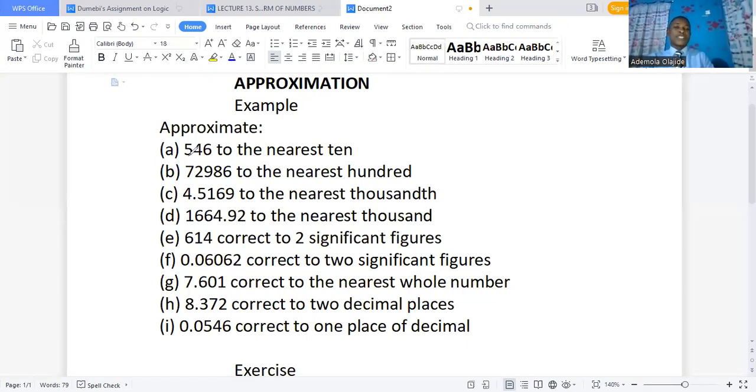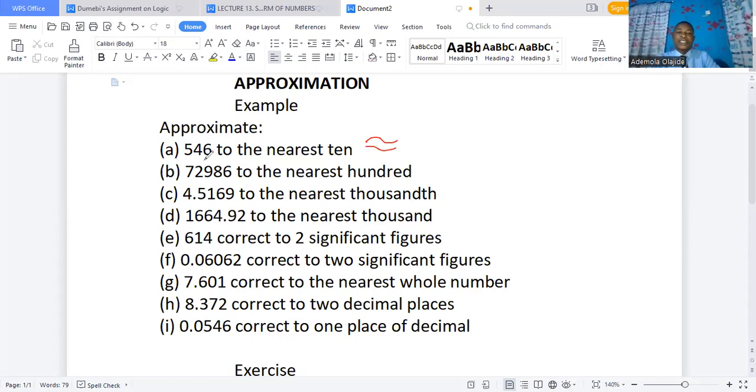Now, the first one, if they ask you to approximate 546 to the nearest 10, so you write your approximation sign. To the nearest 10 means that you first ask yourself which of these three digits occupies the place value of 10.